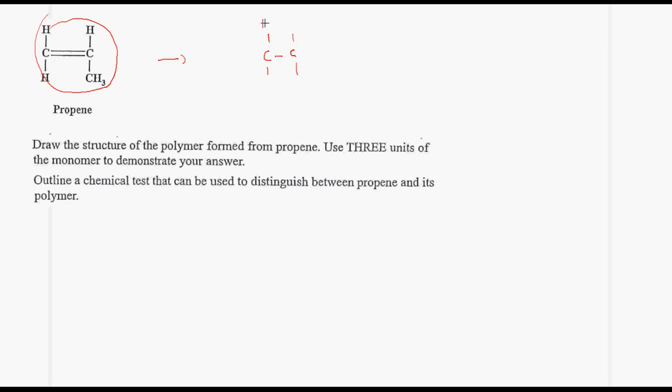So all you have to do is to draw the exact same molecule, but instead of drawing a double bond, you draw a single bond. And they want 3 units of the monomer. What I've drawn here is 1 unit, so I need to draw 2 more.